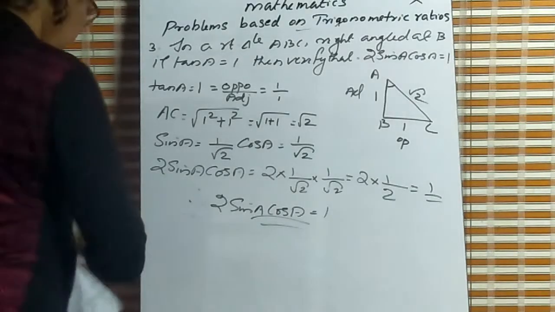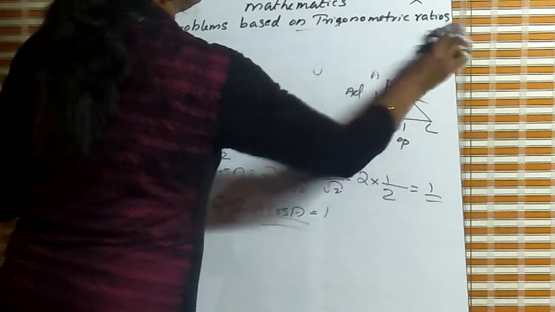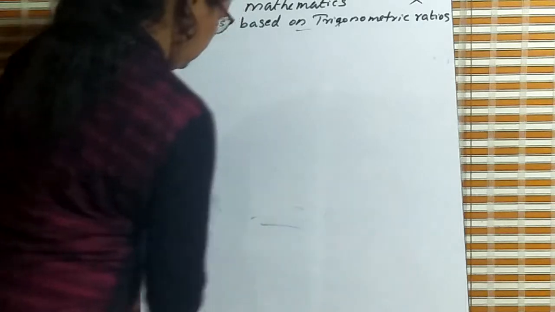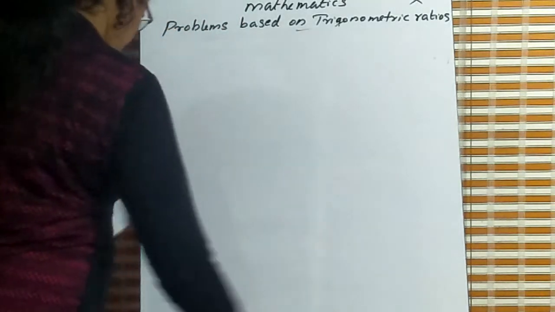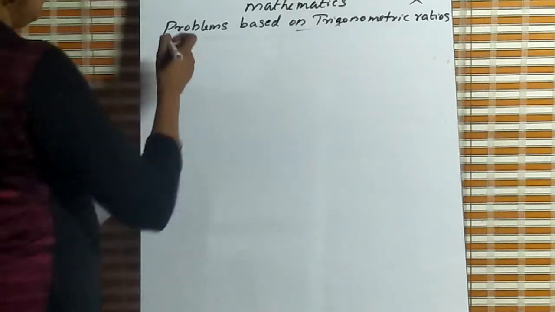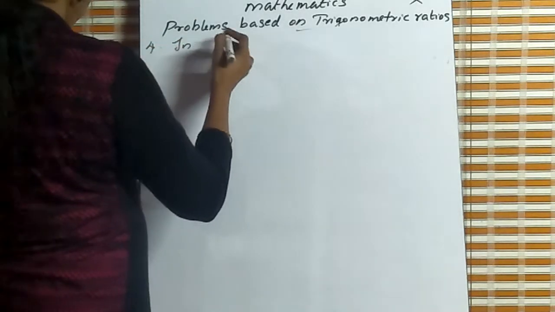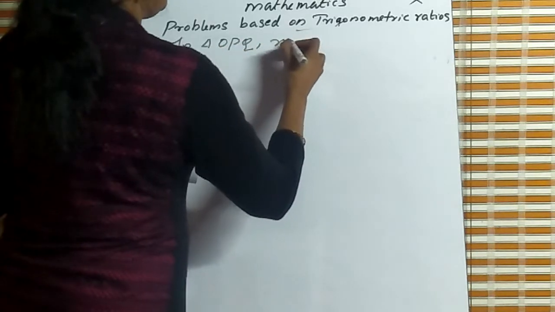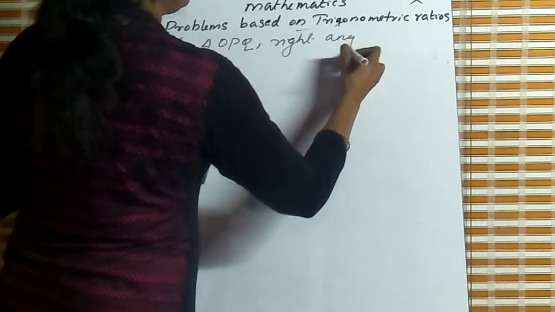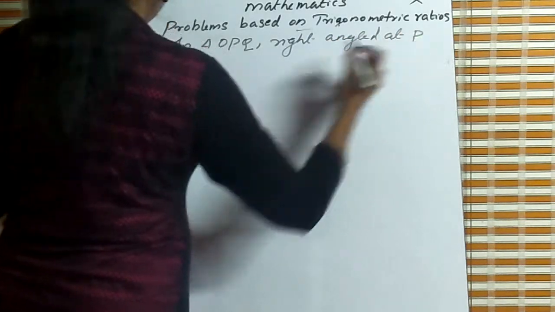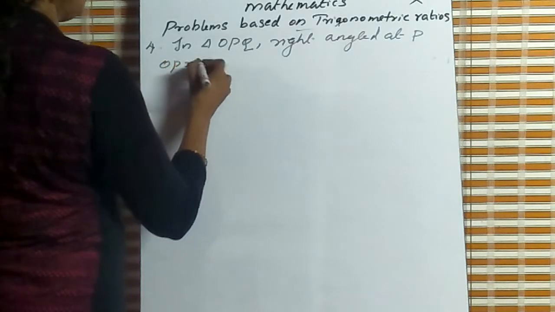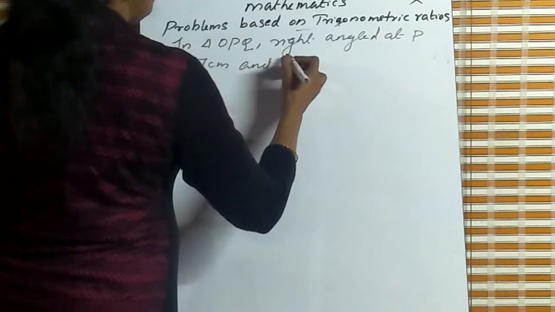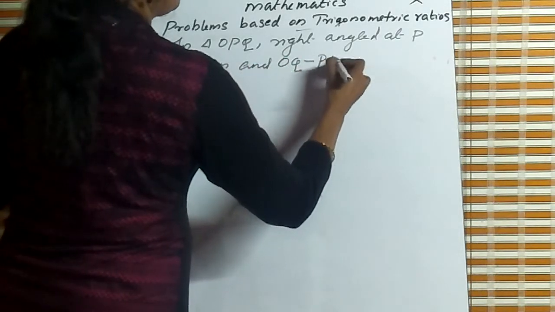Then question number 4. In triangle OPQ, right angled at P, OP is equal to 7 centimeter and OQ minus PQ is equal to 1.